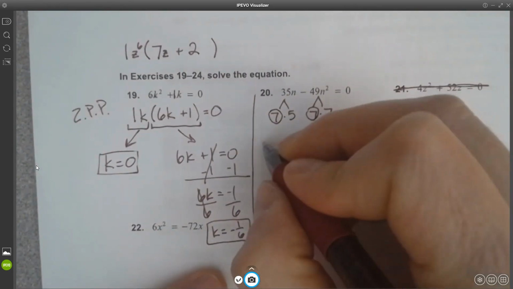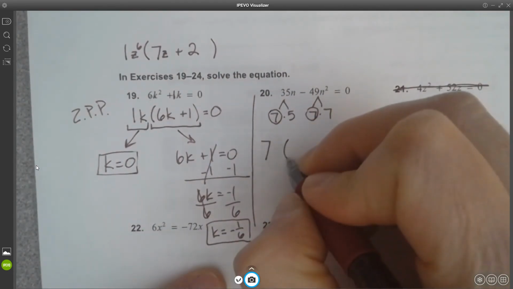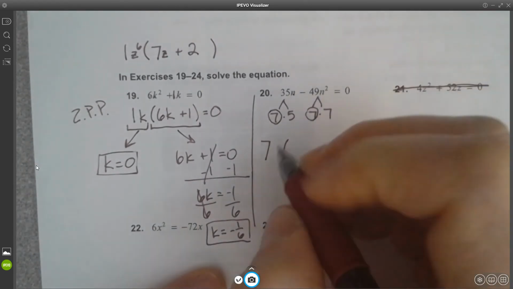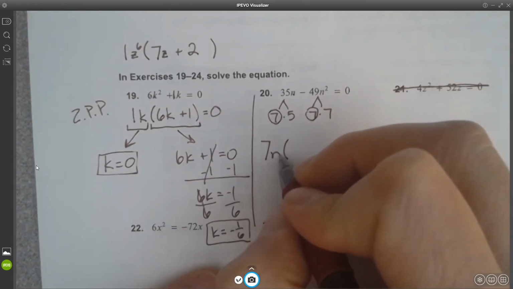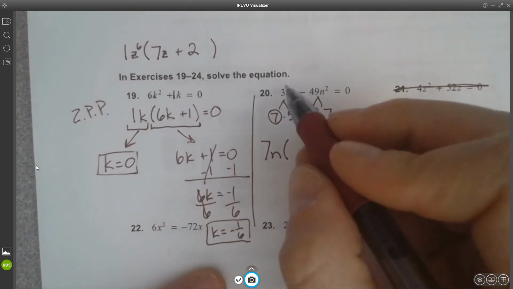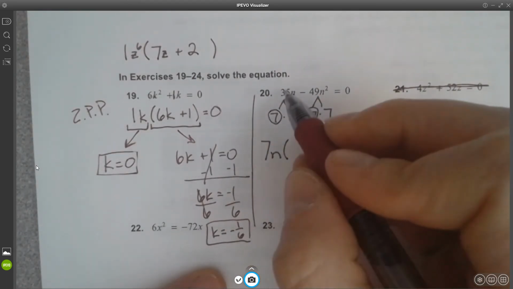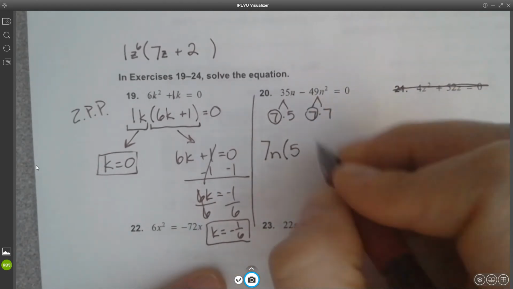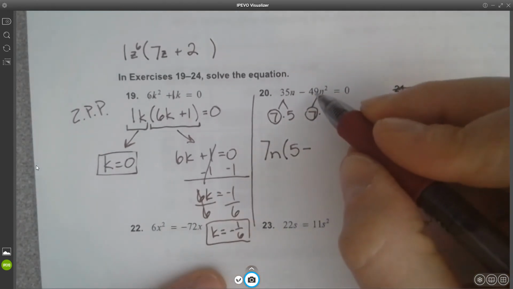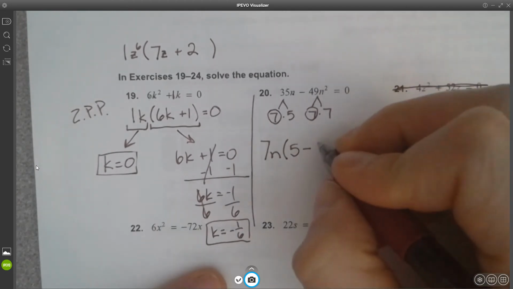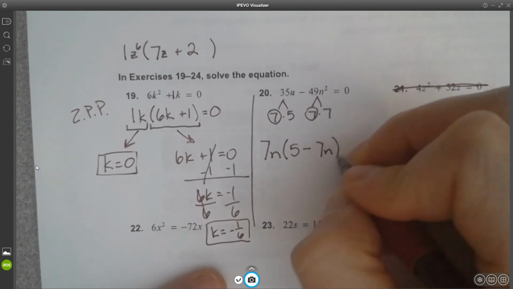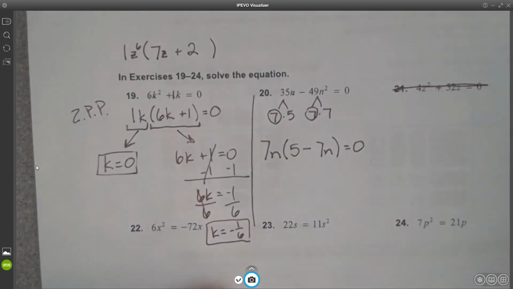So 7 is my greatest common factor. And I have one n here and two n's here. So the most I can divide out is 1n. What's left here? Well, 35 divided by 7 is 5. And there's no n's left. Then I have 49 divided by 7 is 7, and I had two n's, I took one out, so 5 minus 7n equals 0.